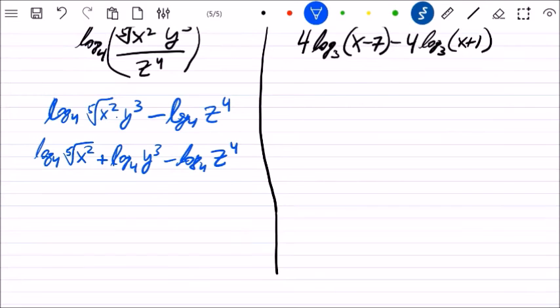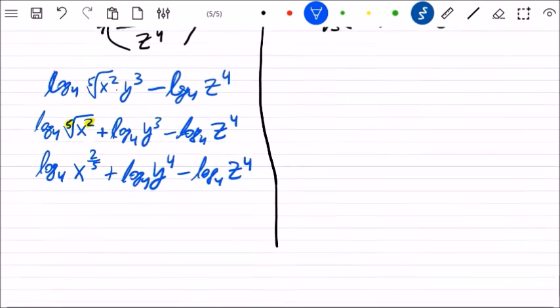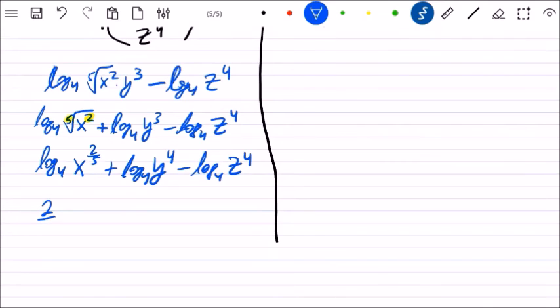Well, let's now look at the fact that we have this. We're going to rewrite it and make that a fractional exponent: log base 4 of x to the 2 over 5 plus log base 4 of y cubed minus log base 4 of z to the fourth. Well, let's bring each of those exponents down in front as coefficients.